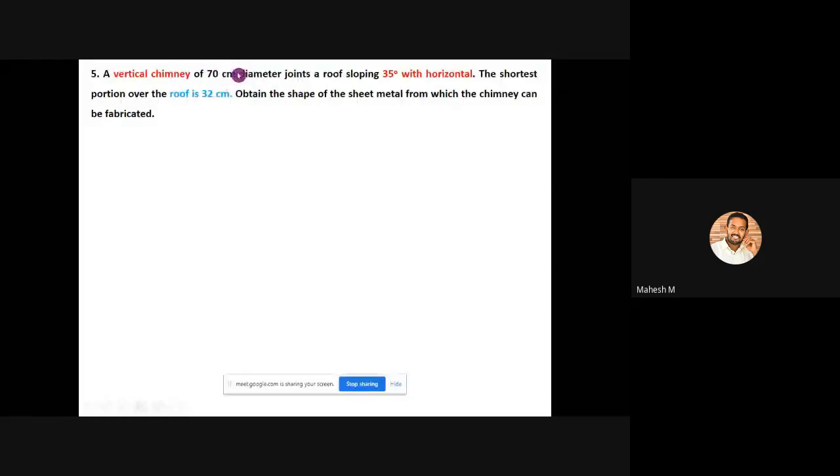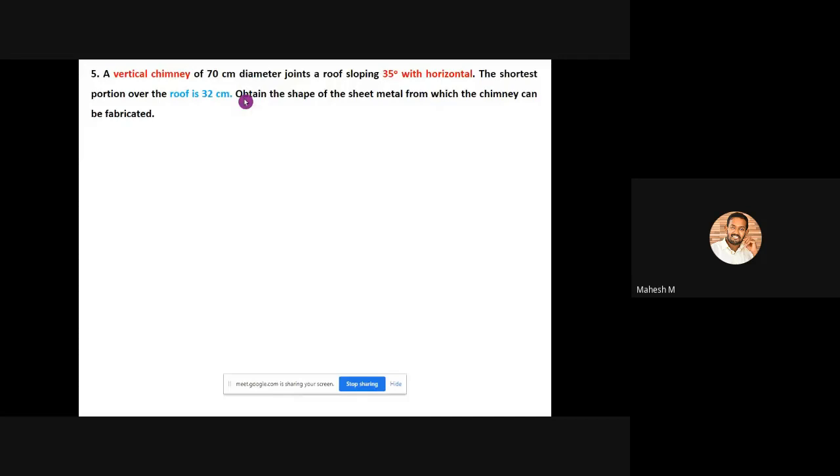In our previous problems, we have discussed only mm, that is millimeter. Here it is 70 centimeter. So we can't create a diagram with the dimension of 70 centimeter. Okay, so 70 centimeter diagram draw பண்றதுக்கு possible இல்லை. So what is our next step? We have to use the scale method.